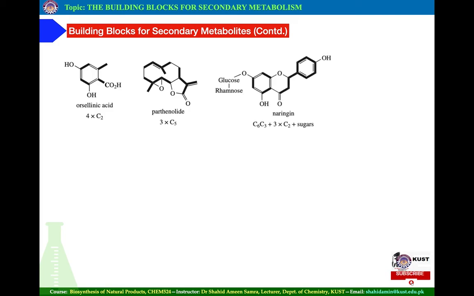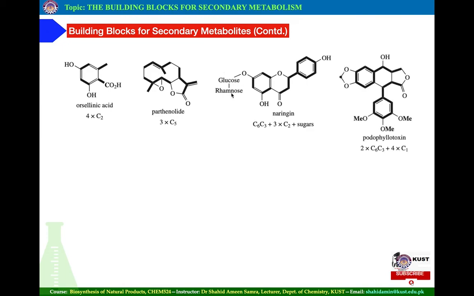In case of naringin, we have a C6C3 unit that we can identify here. Then we have 3 C2 units that are here in the form of this phenolic compound, along with these 2 sugar molecules, glucose and rhamnose. In case of podophyllotoxin, we have 2 C6C3 units that we can identify here.